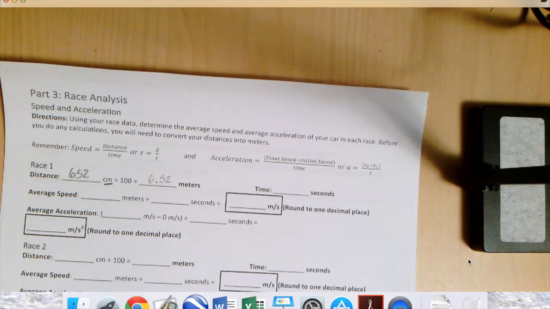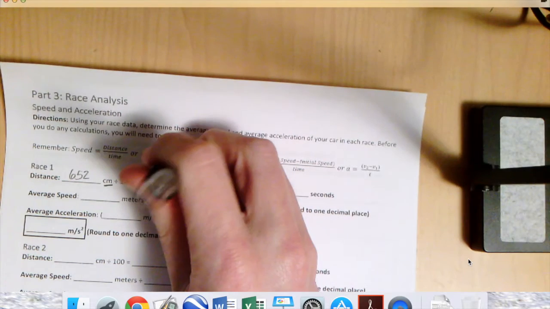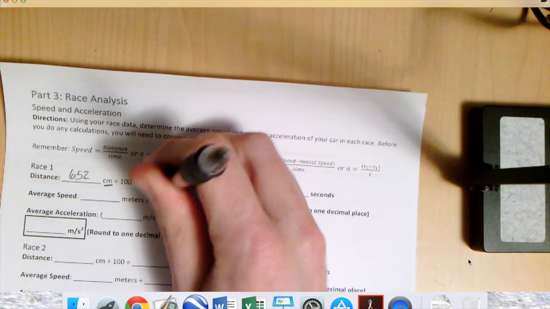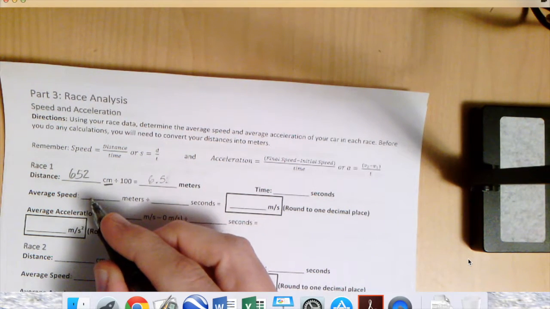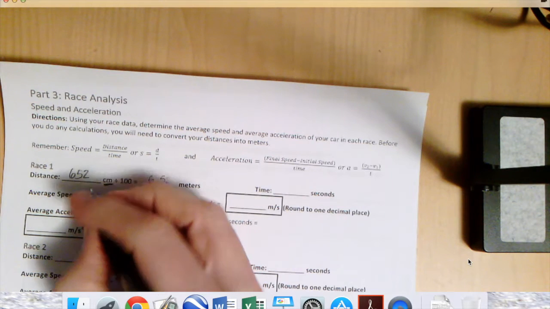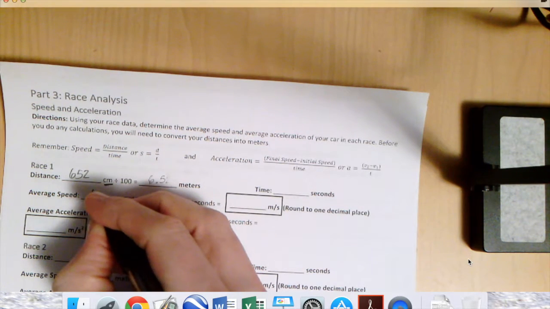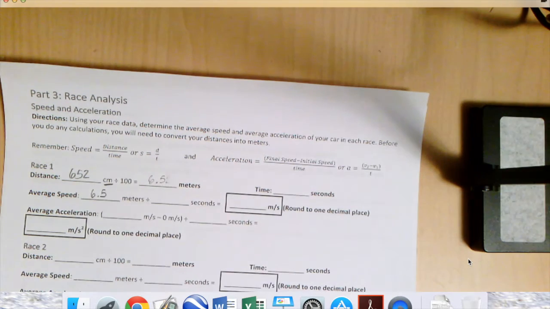We're going to round to 1 decimal place, so we round it to 6.5. Okay, so our distance is 6.5 meters. I'm going to write this in, 6.5 meters.